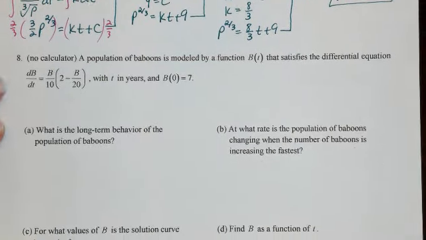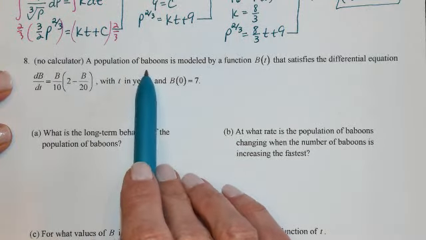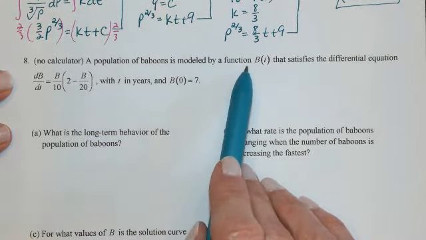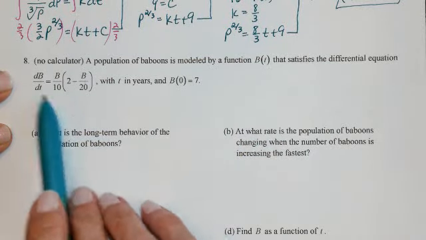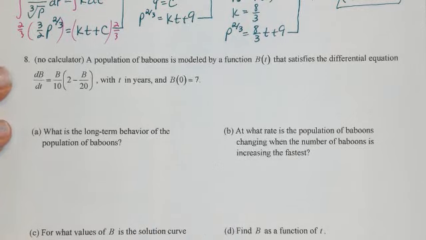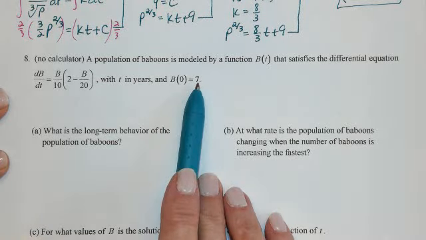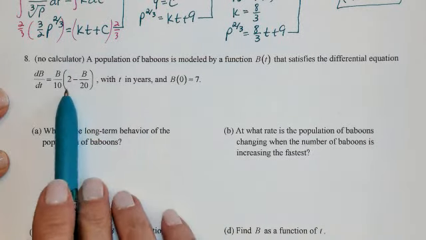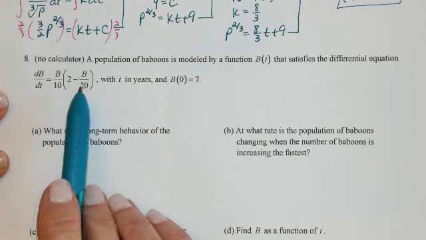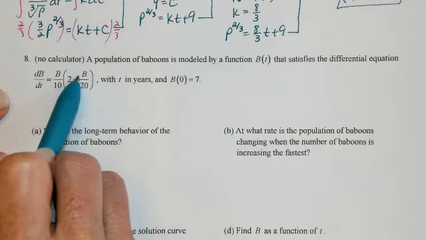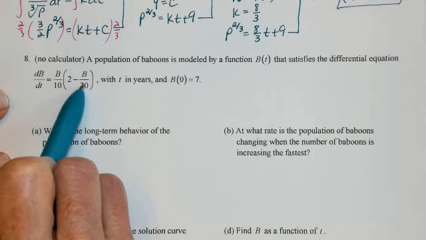Okay, number 8. This would be on the no calculator portion. A population of baboons is modeled by a function b of t that satisfies the differential equation, with t in years and b of 0, so the initial population, is 7. Is this logistic? It is logistic, but it's not quite in the form that we want it, right? Because we need this b coefficient in here to be a -1, and right now it's a -1/20.